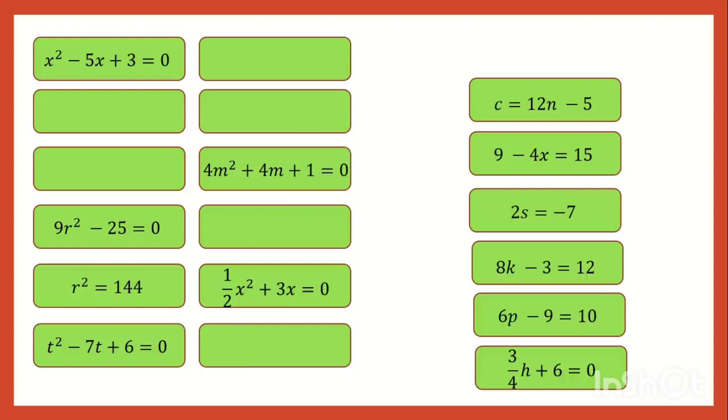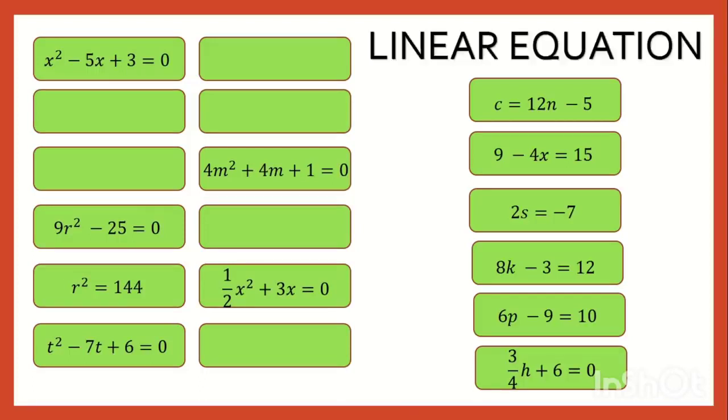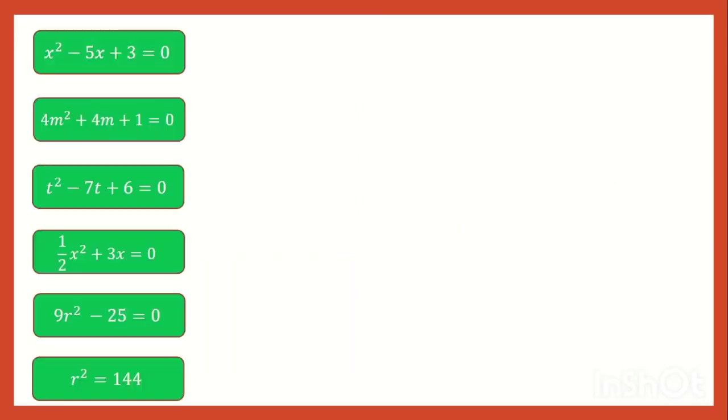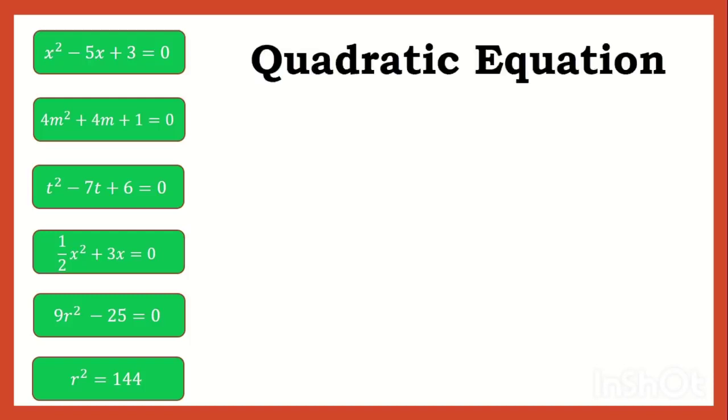So, meron na lang tayong 6 na natitira at nalipat sa kabila ang tinatawag nating linear equation. Now, ano ba itong mga natitirang mathematical equations? So, itong 6 na to, ang tinatawag nating quadratic equation.